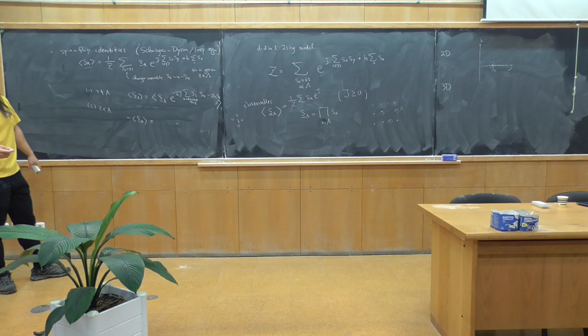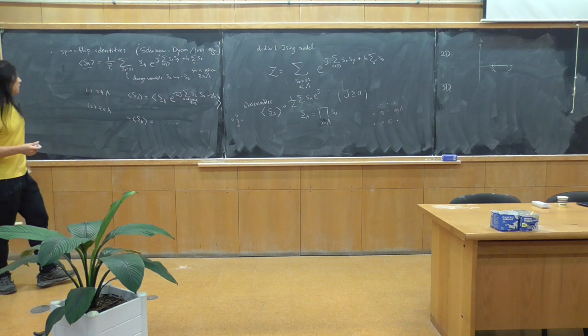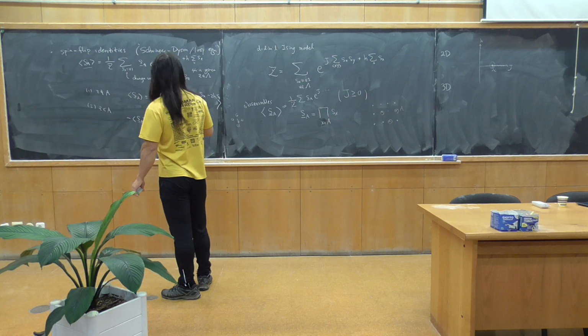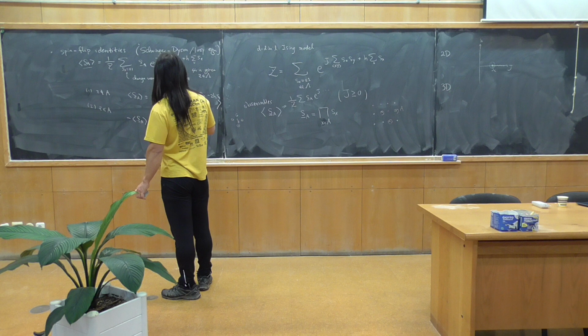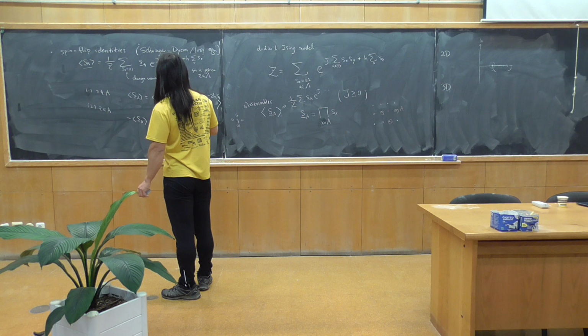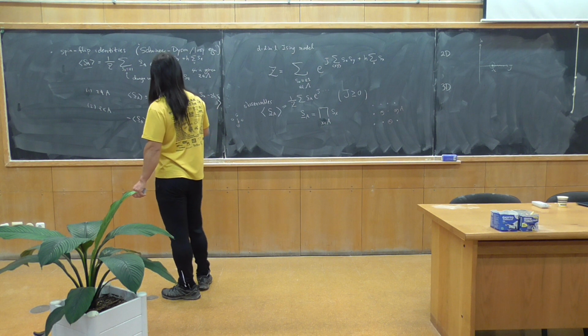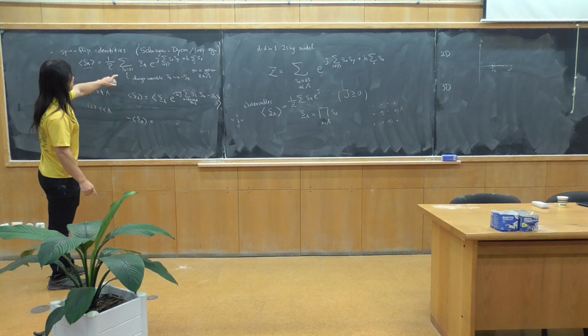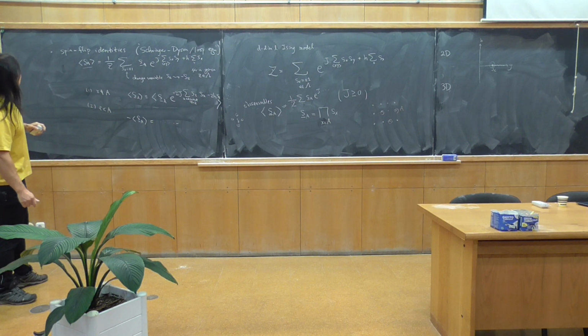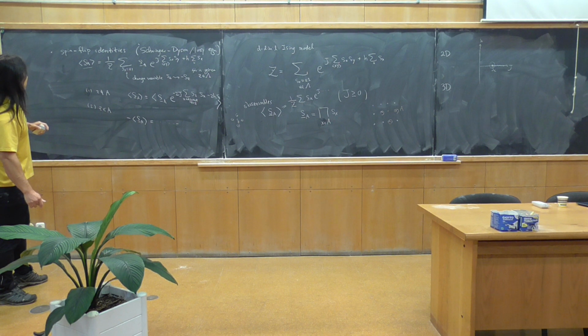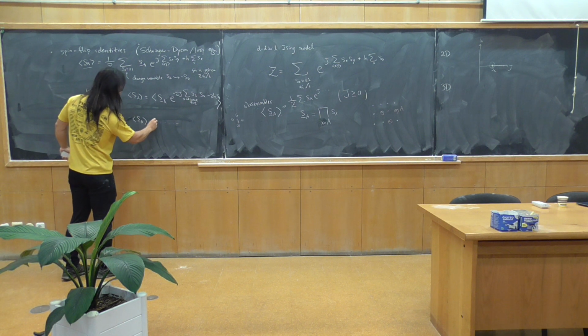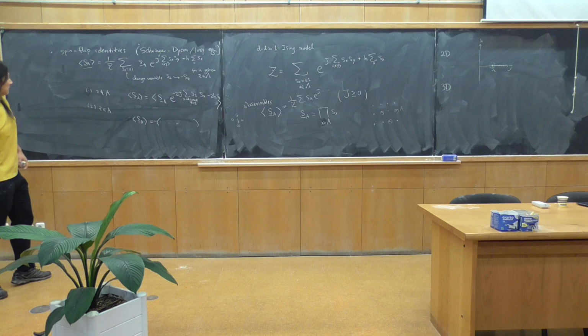In the second case, what happens if you flip the spin which sits inside A under the summation sign? Maybe you'd be happy if I put the minus sign over here.